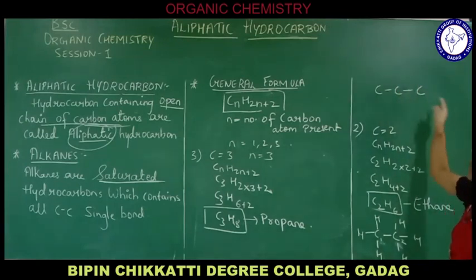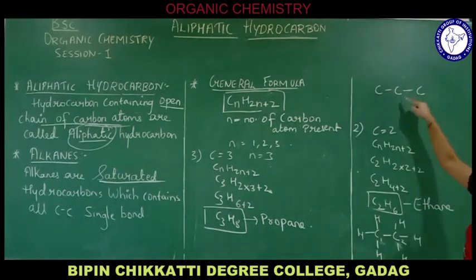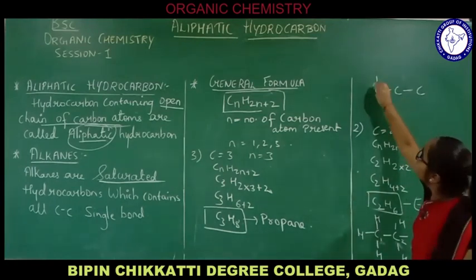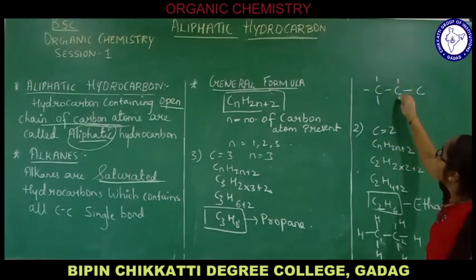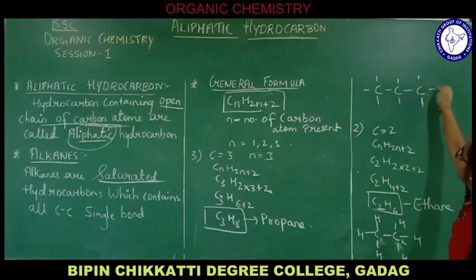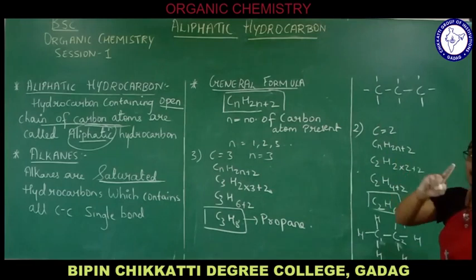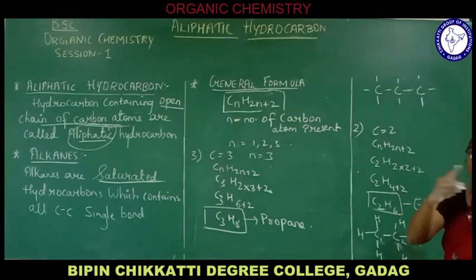First they link with each other, and the remaining bonds will be utilized to bind with hydrogen atoms. So I'm going to draw the remaining ones in this manner. Each carbon atom will bind with 4 different atoms.